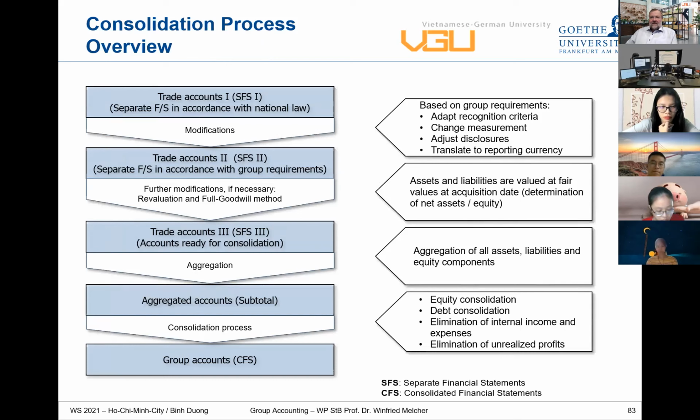And here is what I would call the consolidation process as an overview. So how do we go forward? Well, first we will have the trade accounts or the local accounts, SFS1. These are the separate financial statements in accordance with national law. Then there have to be some modifications. Which ones? Based on the group requirements, you have to adapt different recognition criteria.